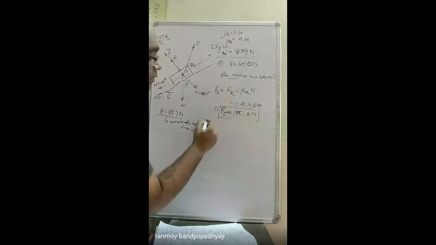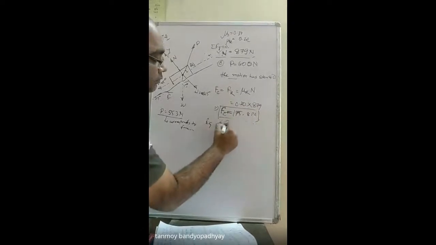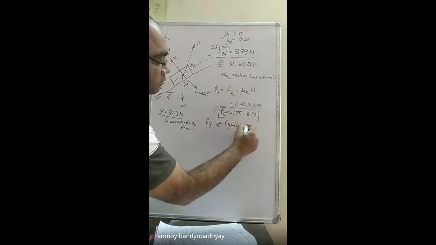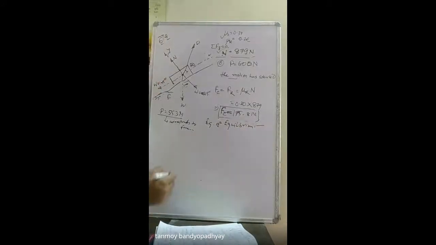Now if we use the equations of equilibrium, so what we should be getting? আমরা যদি again equation of equilibrium লিখি, let's write sigma Fx is equal to 0.